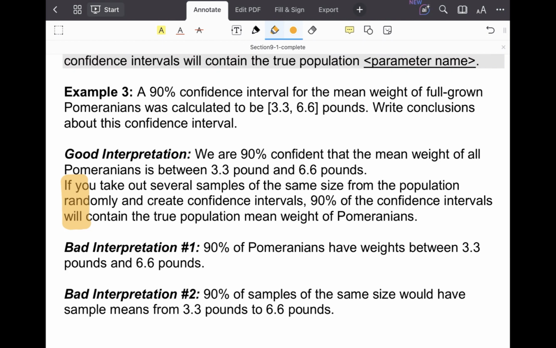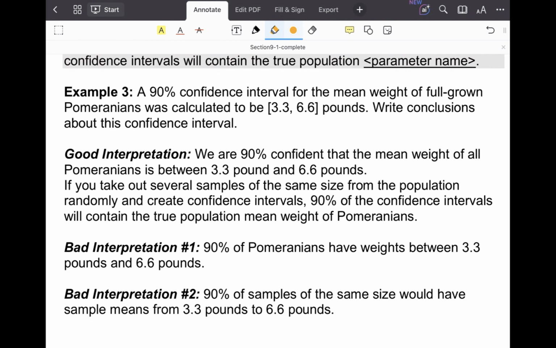Some statisticians prefer this interpretation, or having an interpretation of the confidence level. I am okay if you just have these first two lines here, the first sentence. So the interpretation of the confidence level: if you take out several samples of the same size from the population randomly and create confidence intervals, 90% of the confidence intervals will contain the true population mean weight of Pomeranians.